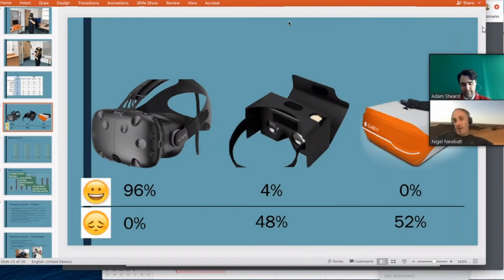The Class VR device, they didn't find quite so positive, listing that as the least preferable. The Google Cardboards sat somewhere in the middle. It was not the least preferred and not the most preferred. And actually, the teachers reported the cardboard device as offering the most potential for them in their classrooms, which is something I'll come on to next in terms of how we've explored that further.